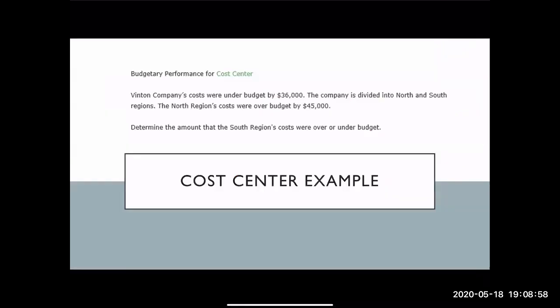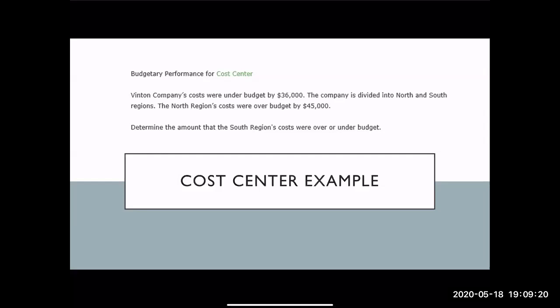All right, so here's a really good example for you guys to walk through. You have the budgetary performance for a cost center. Vinton Company costs were under budget by $36,000. The company is divided into North and South regions. The North region cost was over budget by $45,000.